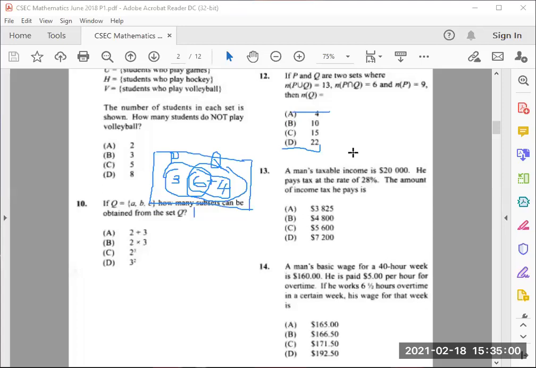A man's taxable income is 20,000. He pays tax at the rate of 28%. The amount of income tax he paid would be? How do you work that one?